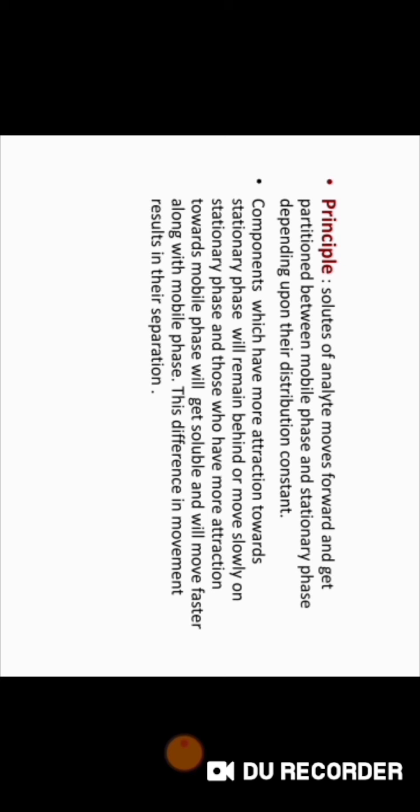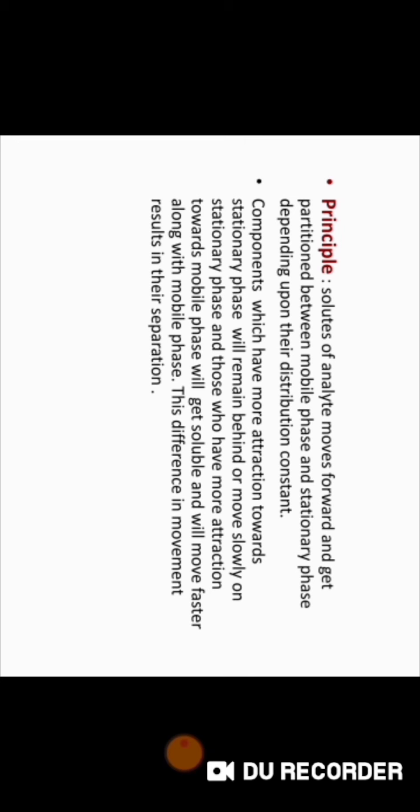So what is the principle of paper chromatography? Solutes of the analyte move forward and get partitioned between the stationary phase and mobile phase depending upon their distribution coefficient. After this distribution, components which have more attraction towards the stationary phase will remain behind, and we know that the stationary phase plays a role of retarding the movement of solute.